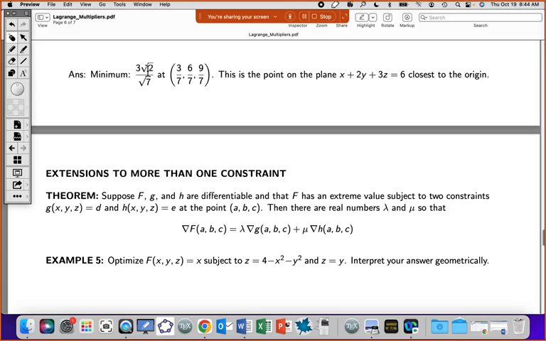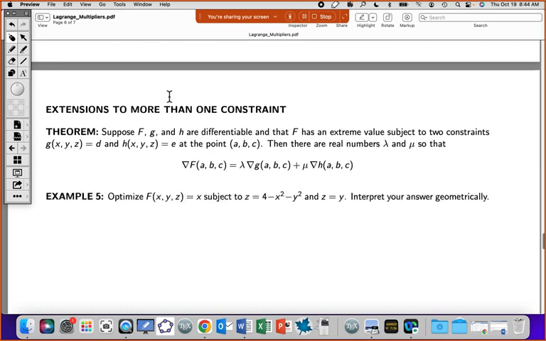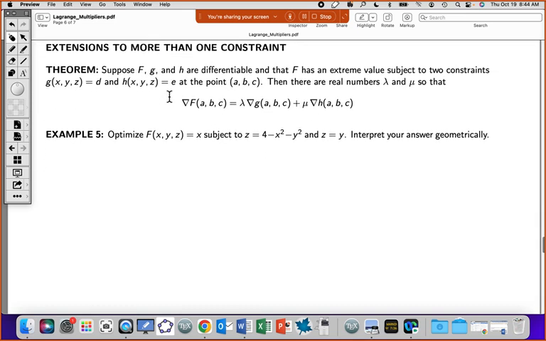Here it looks like this must have been one I'll have to go back and look at the notes, because we simplified here. This was simplified for some reason, and there's a reason I wrote it that way, but it's equivalent to what we had. All right, extensions to more than one constraint.